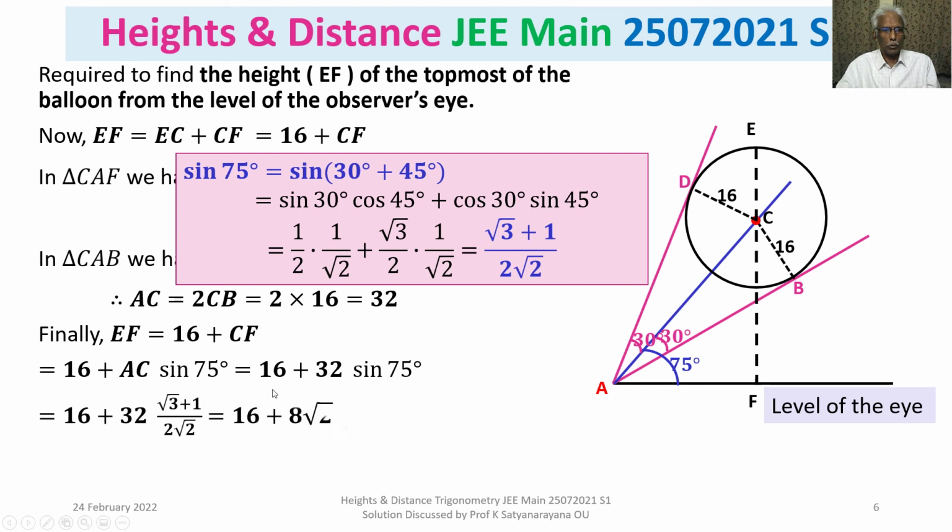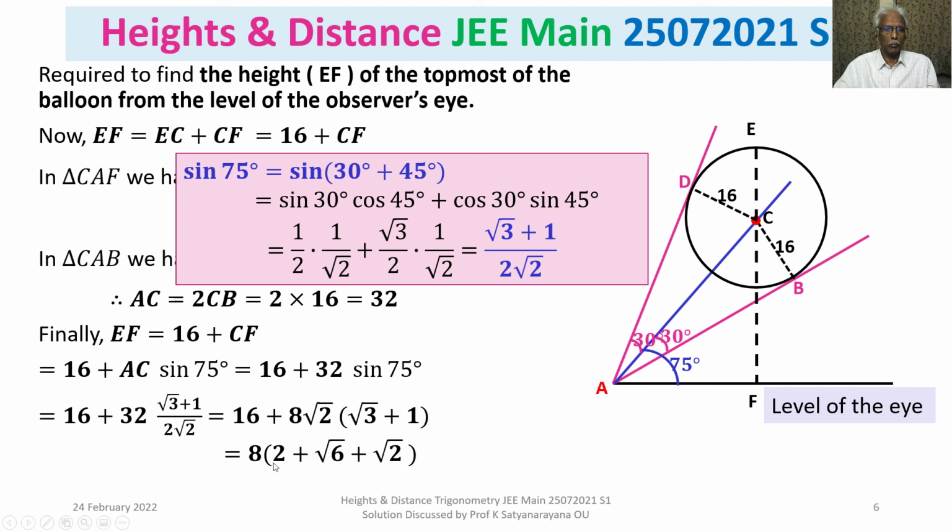So EF is equal to 16 plus 32 into sine 75, that is, root 3 plus 1 by 2 root 2. The 2 root 2 cancels with 32 to give 8 root 2, so you get 16 plus 8 root 2 multiplied by root 3 plus 1. Let's take 8 common: 8 times, 2 plus root 2 into root 3, which is root 6, plus root 2 into 1, which is root 2.